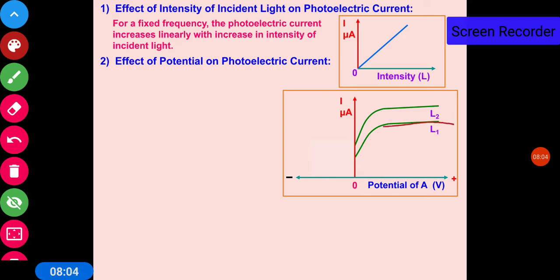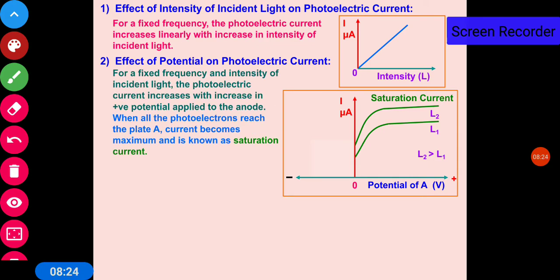So this is the saturation current. If I2, that is the intensity, is increased, then the photocurrent increases, and again it reaches the saturation current. So I2 is greater than I1. Saturation current is more for the higher intensity of radiation.